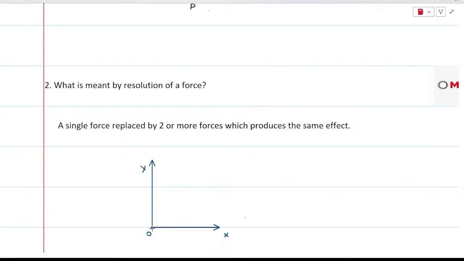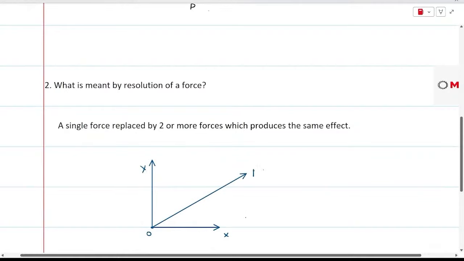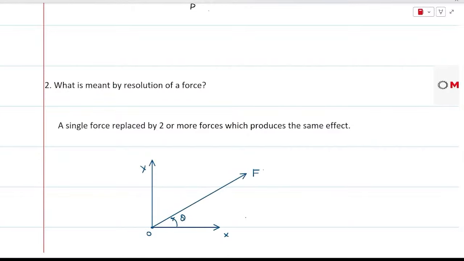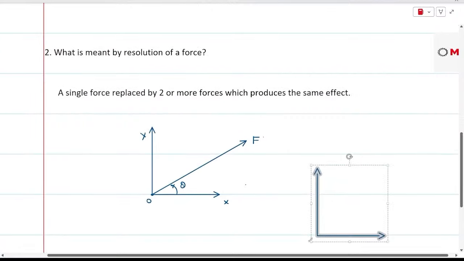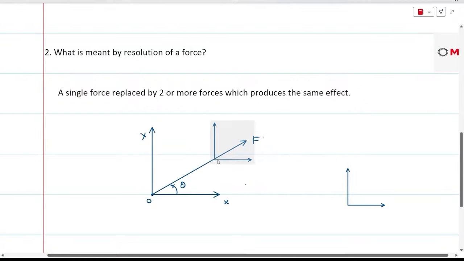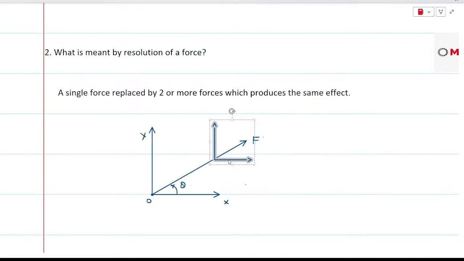Let's say this is F, and the force could be making an angle of theta. Now, instead of writing F at an angle of theta, what I'll do is, I will be replacing F with 2 other forces, and those 2 forces will be producing the same effect that is being produced by the single force F itself.